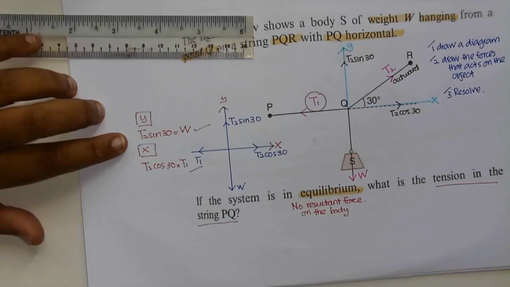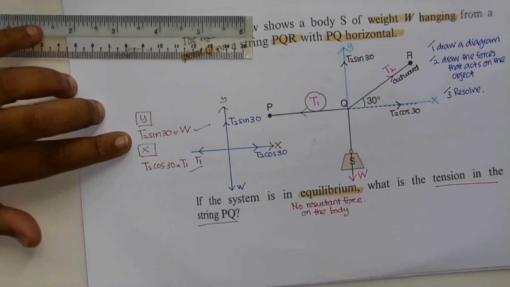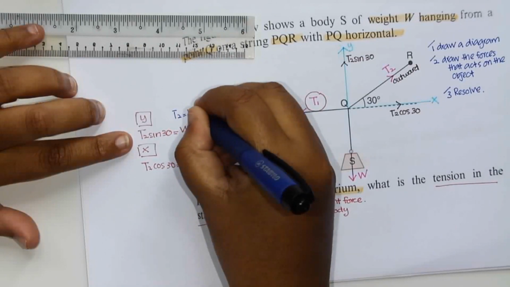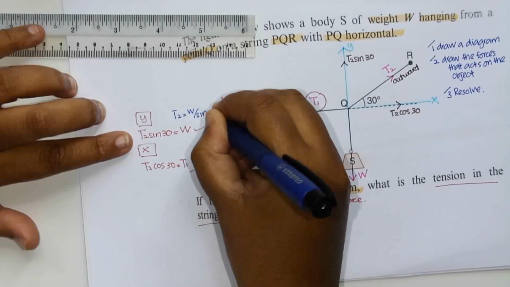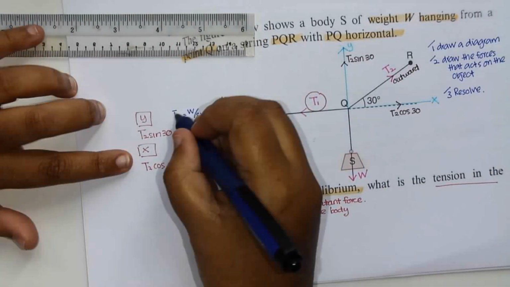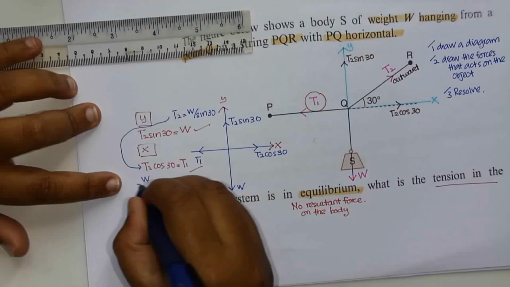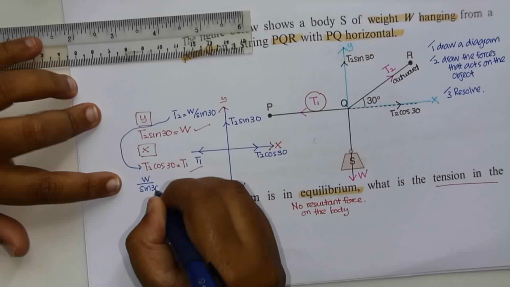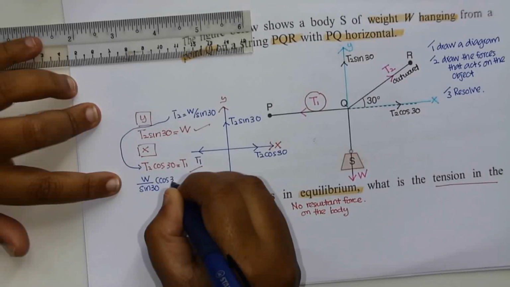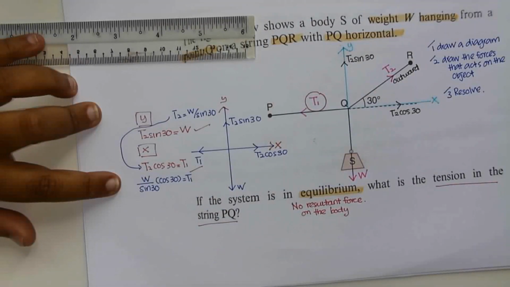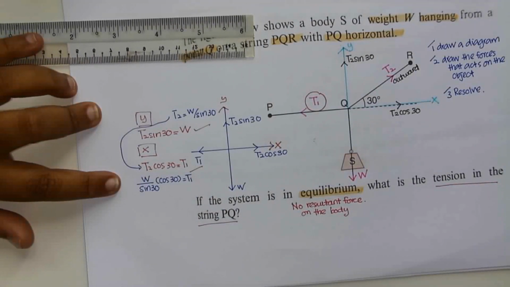From here, T2 is W over sin 30. This is your maths after this. So you can substitute this inside here. You get W over sin 30 times cos 30 equals T1.